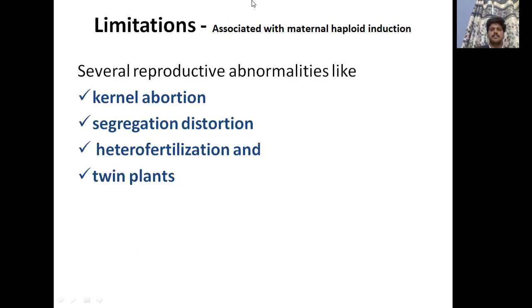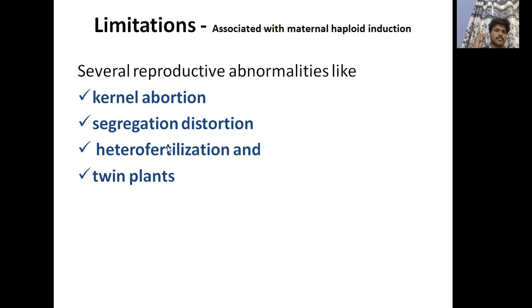Then what are the limitations associated with maternal haploid induction? There are several reproductive abnormalities like kernel abortion, segregation distortion, heterofertilization, and twin plants. Kernel abortion is a well experienced phenomenon associated with maternal haploid induction. Segregation distortion is when the proportion of haploid and diploid plants obtained always deviates from the expected frequency.